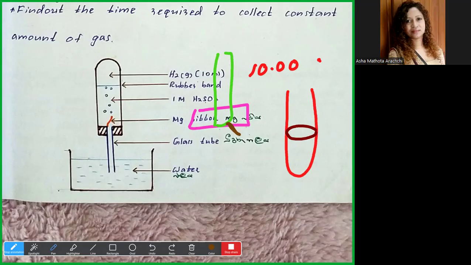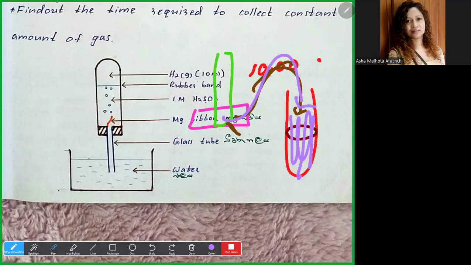Upside down, anyway. Then we are fixing this on here. Still the magnesium is not touching this. Okay, sorry, before that, we are filling this one with sulfuric acid. Then we are fixing this on here.